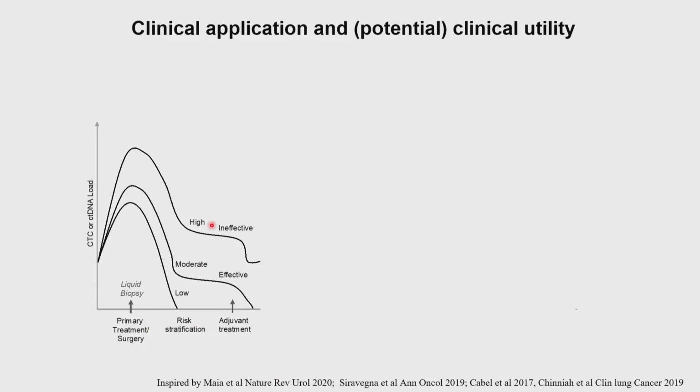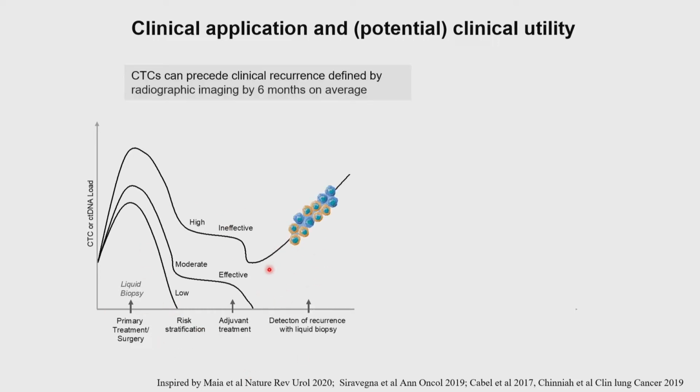And then it could be possible to test the effectiveness of that. And it has been shown that the reoccurrence of CTCs after resection can precede imaging by standard radiological methods by several months.